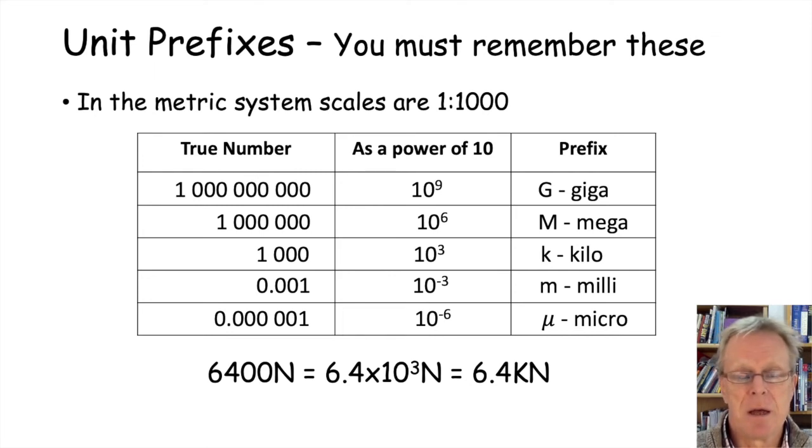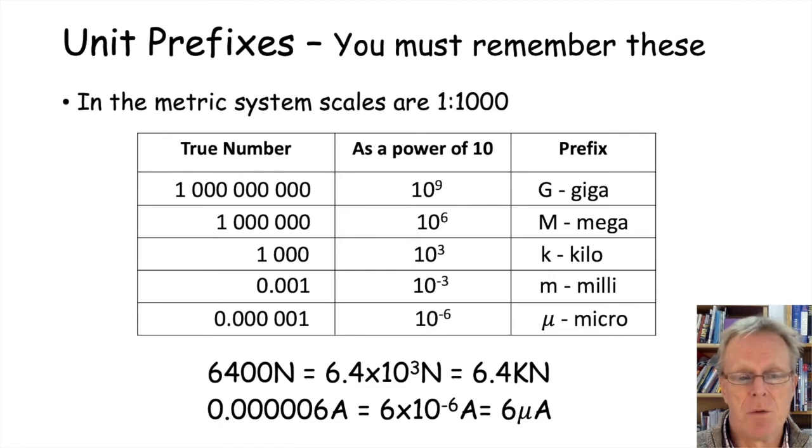And similarly, a value of current, for example, of 0.000006 amps is much more conveniently represented as 6 times 10 to the minus 6 amps, or simply 6 microamps. Just quicker and easier to do things that way. So we're going to look at some examples where we're going to need some of those values.